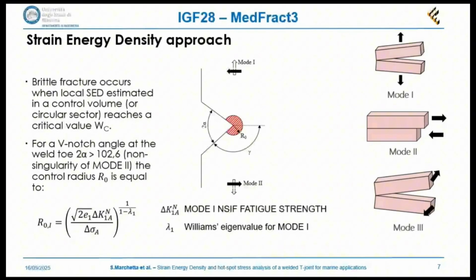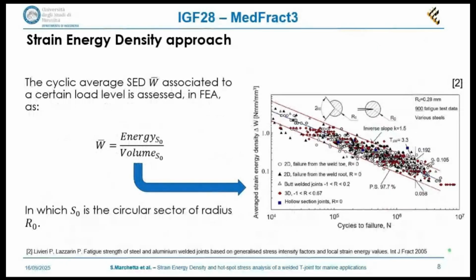The validation is done by comparing the strain energy density values obtained, plotting them alongside the scatter band. These are the strain energy density curves for fatigue. These ones in particular were proposed by Livieri and Lazzarin, and were made with a bulk of over 900 fatigue data.